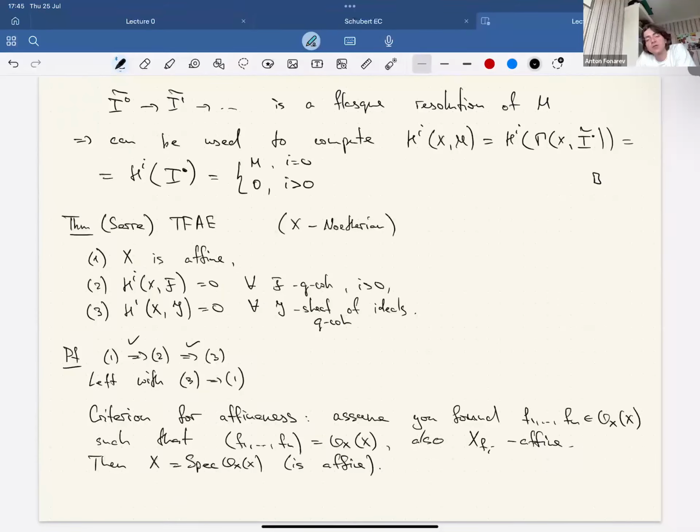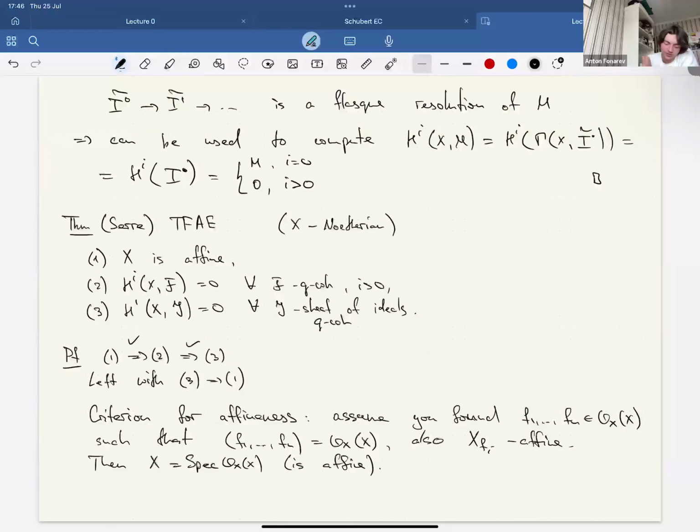So once again, if you manage to cover your space by globally distinguished opens, where for a distinguished open you take a global function and look at the set of points where it does not vanish, and you assume that the corresponding distinguished opens are affine, and moreover you generate the whole algebra of global functions by the functions of your choice, then your space is affine itself.